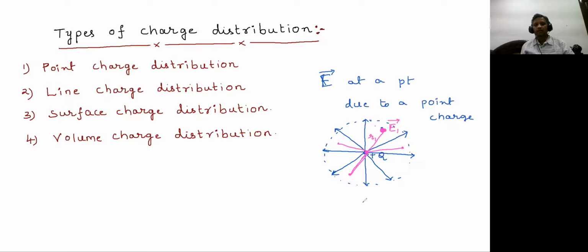If it is R1, then the electric field intensity at this point due to this point charge will be Q by 4 pi epsilon R1 square, and the direction of this resultant E will be the radial direction, because it's a spherical coordinate system. AR is the radial unit vector, and the unit is volt per meter. This is the expression for E at this point due to this point charge.